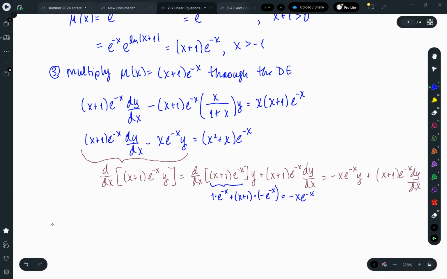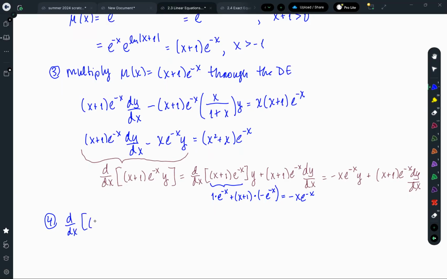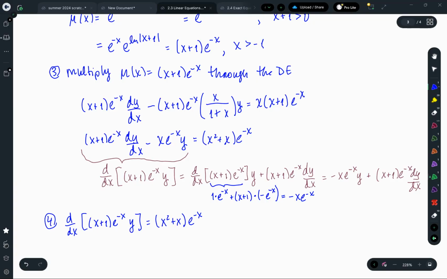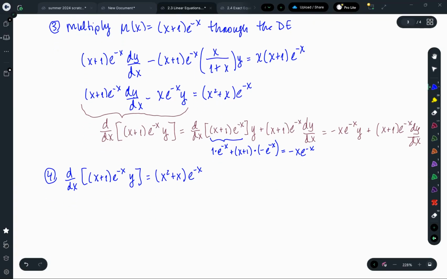So in step 4, I rewrite everything, and I've got the left-hand side is d dx of (x plus 1) times e to the minus x times y. This is equal to, on the right-hand side, (x squared plus x) in parentheses times e to the minus x. And now we are allowed to integrate both sides with respect to x.